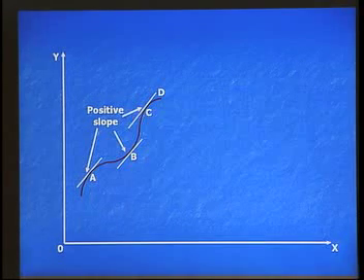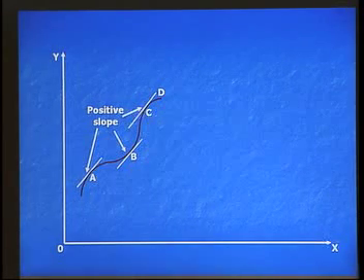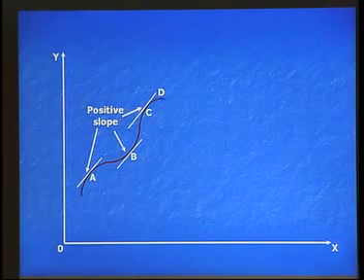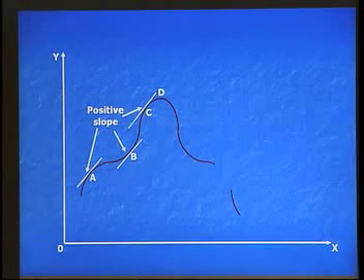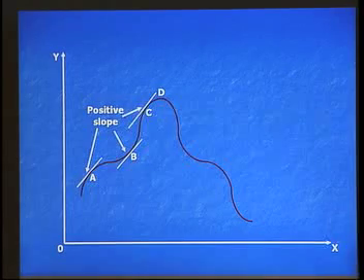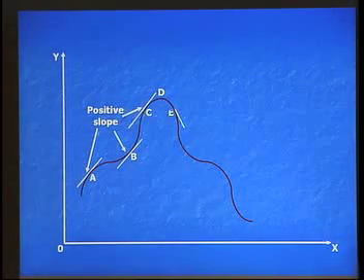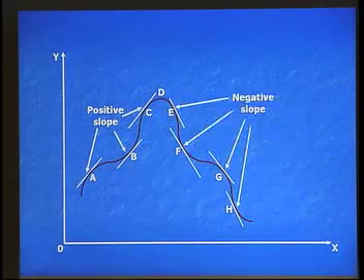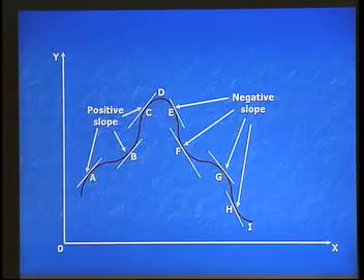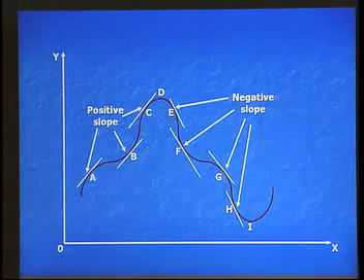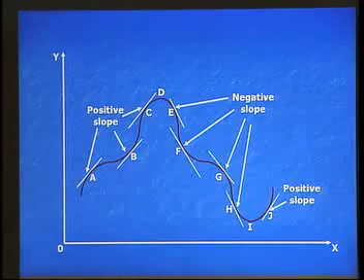At point D, the curve stops to increase and then begins to decrease after point D. When the curve is downward, the slopes at points E, F, G and H are negative. Again, at point I, the curve stops to decrease and starts to increase again after point I. At point J, the slope is again positive.